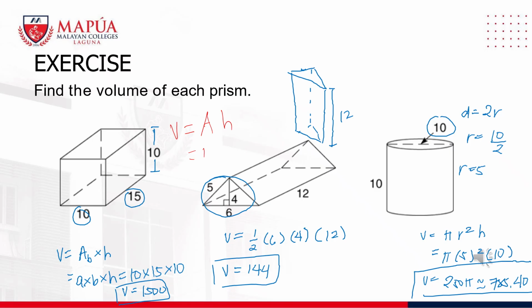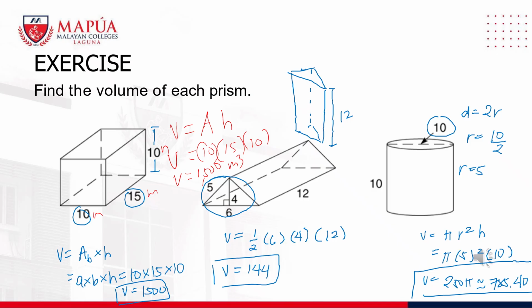So this is 10 times 15, and then times the height, which is equal to 10. So that is the volume. In this case, this is equal to 1,500. So the volume is equal to 1,500. If the unit here is in meters, then the unit is meter cube.